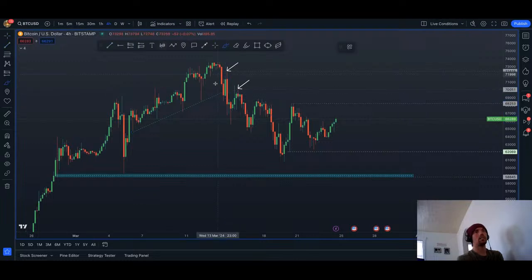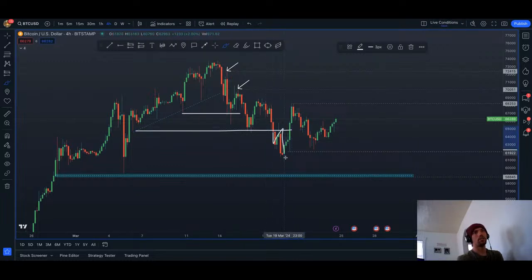It broke this low, and it broke this low, and then it broke it, retested, dropped here, an indication that price wants to continue to the downside. It came back up, never grabbed that high, and it's just kind of floating.